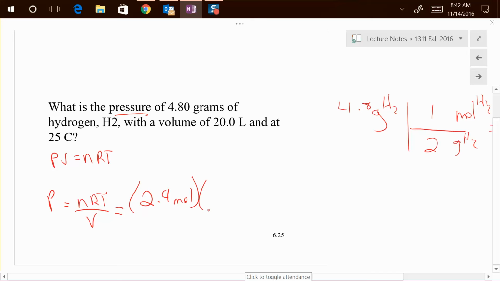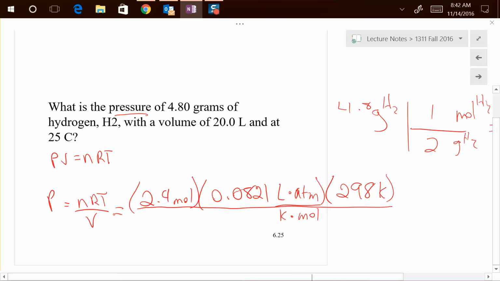What's R? Good. What's my temperature? Excellent. What is my volume? Now, if they gave you, let's say, 200 milliliters, would you be able to use that as milliliters?